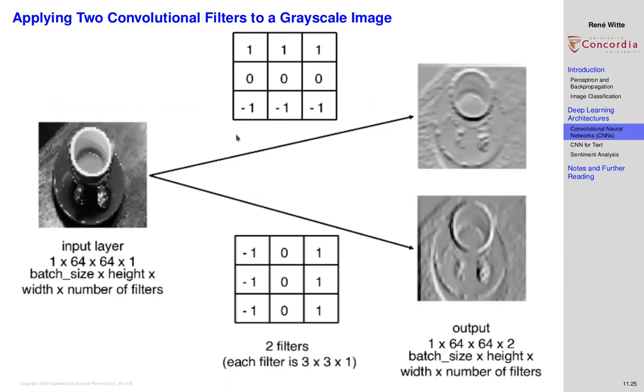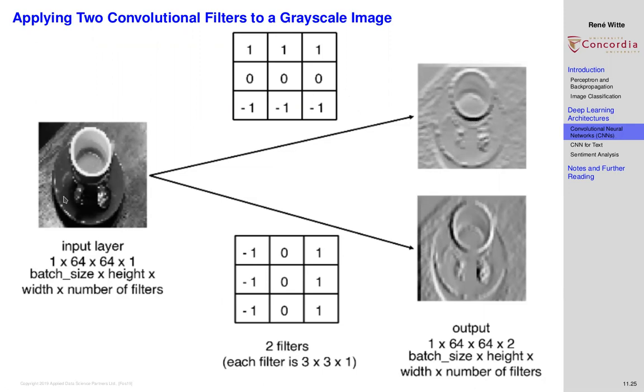I'll show this again in another example in a minute. So you apply this filter on each subset here, and then you get a new filtered output image. And depending on the filter, the output image has certain changes, like highlighting edges, highlighting horizontal lines, highlighting vertical lines, and then later on in the network, it will highlight more abstract features.